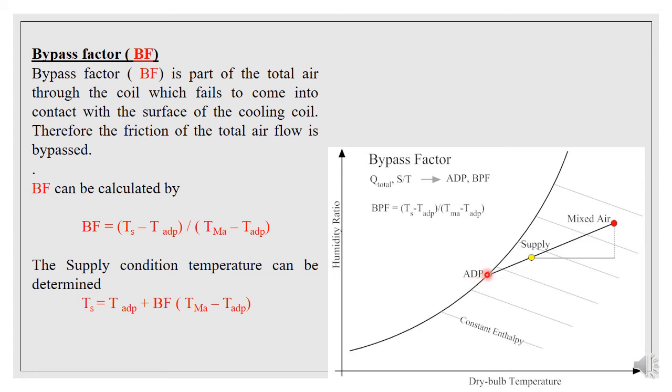So the temperature and also, of course, it is 100% relative humidity. So from this you may get your supply point, the supply condition, right? I'm going to show you in the next slides how to draw it step by step.